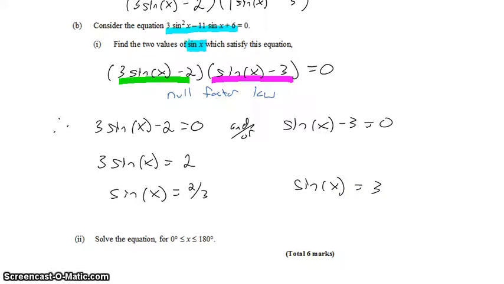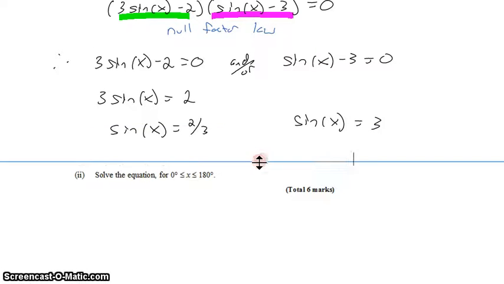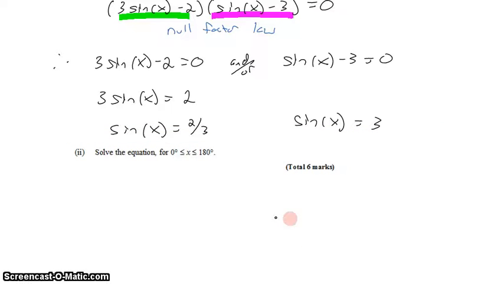All right. Then in the last section, it says, now solve the equation for x. So take these two possible values for sine of x and find what values of x produce these values of sine of x and solve the equation. One thing to note is that we're working in degrees, not radians. The next thing to note is that we're asked, when is sine of x equal to 3?